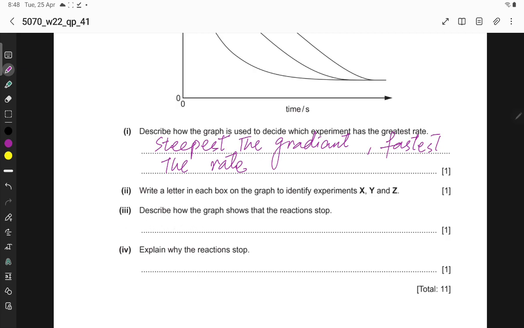Okay, describe how the graph shows that the reaction stops.